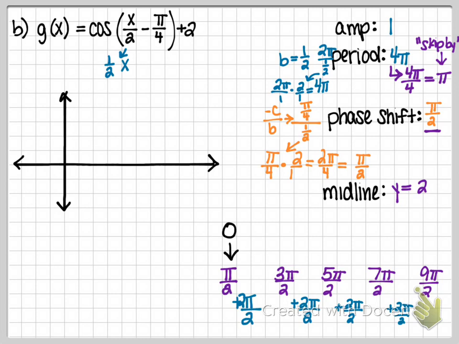So when I graph this out, I'm going to start at pi over 2. This is stretched out a little bit. Usually that would be pi. 3 pi over 2. 5 pi over 2. I don't think I'm going to have room to make it all the way over to 9 pi.